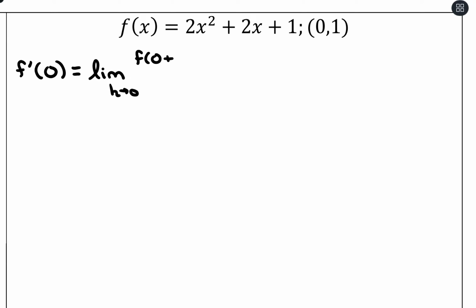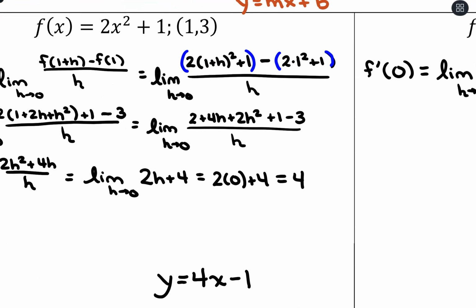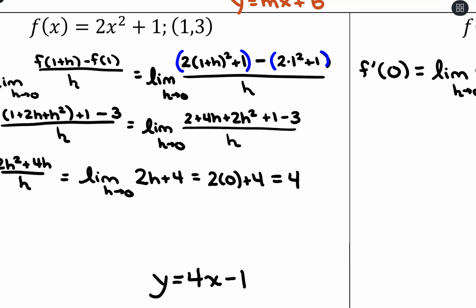So I'm looking at f of 0 plus h minus f of 0 all over h. And something I did before, which you could have skipped a step on, was finding f of 1. We actually are given f of 1 there because they're giving us that y coordinate. I could have made a direct substitution there.